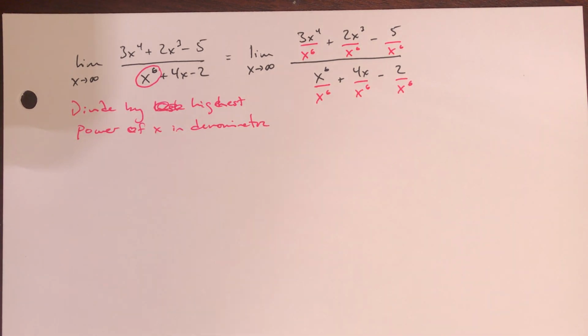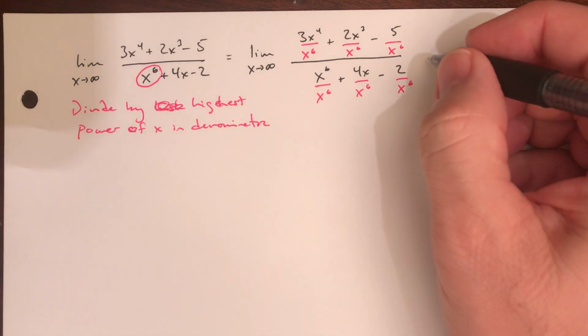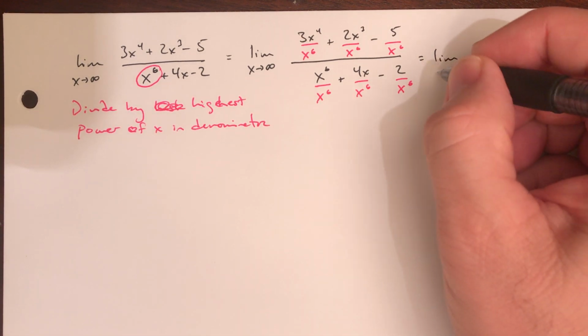I can multiply the numerator by 10 if I want to. I can divide the numerator by 1,000 if I want to, as long as I do the same to the denominator. We do this kind of thing all the time when we get common denominators for fractions, when we're trying to add or subtract. So we know that this is a legal and valid operation, and we've got to simplify.